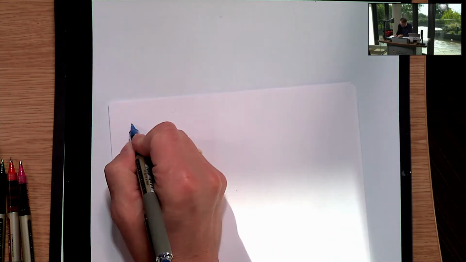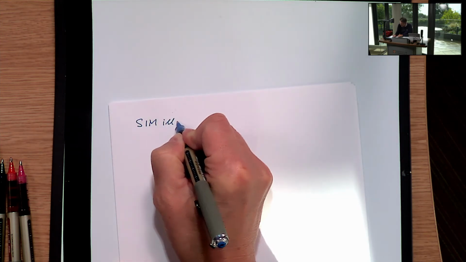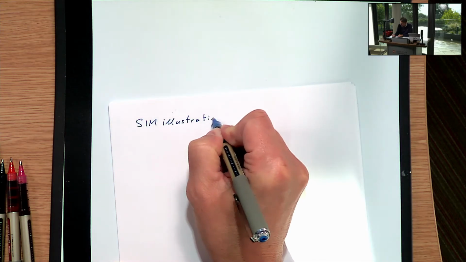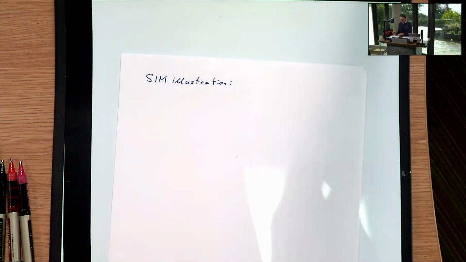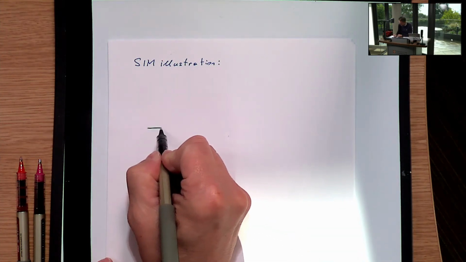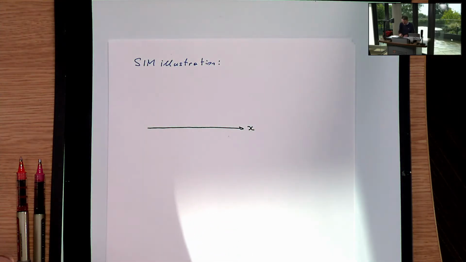To give you a bit more detail on this, let's look at this process by taking a sample illustration, a sample that looks like this. Let's suppose I have a sample, and along X, I place a number of fluorophores.